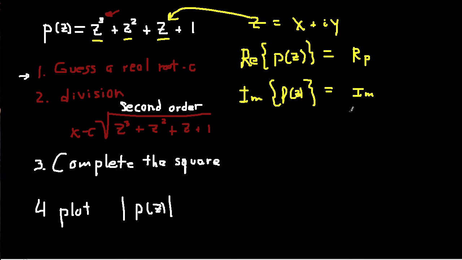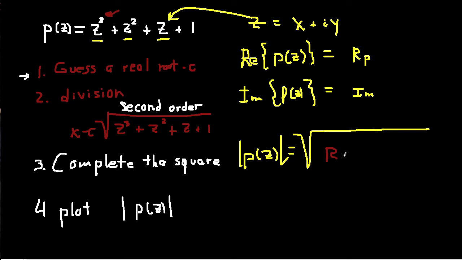Okay, so you have to do a little algebraic manipulation to find those two. And then you can determine what the magnitude of p of z is by doing the square root of the real part squared plus the imaginary part squared.